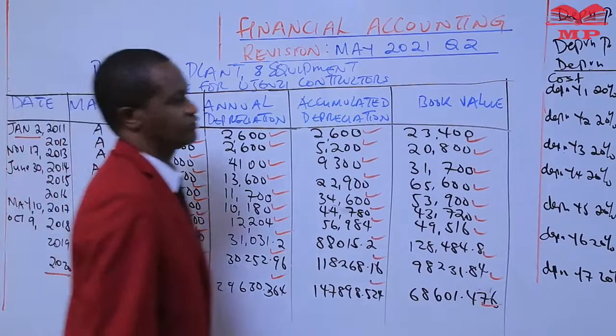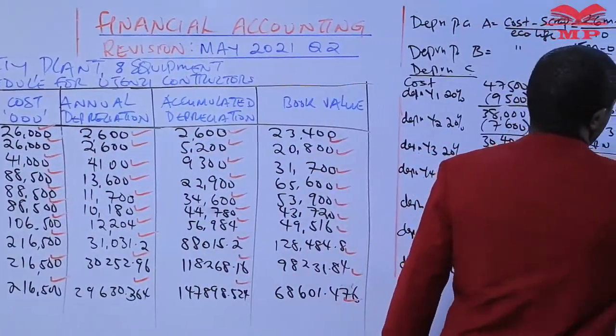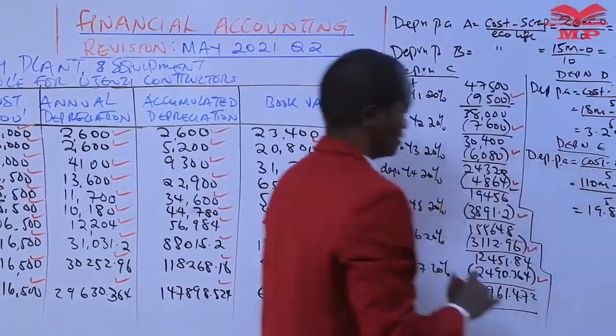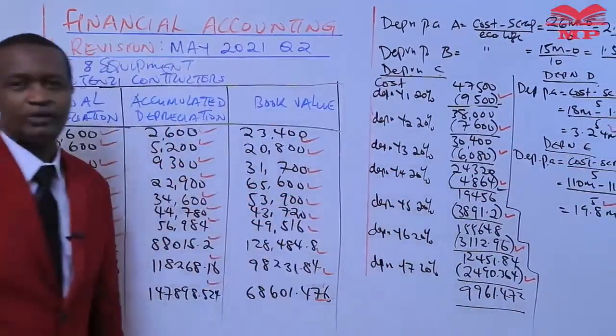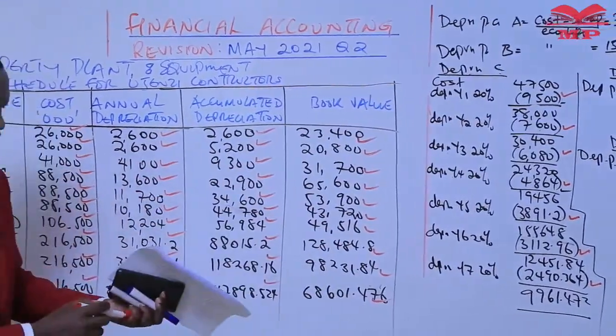You also get some marks for the workings. These marks are in fractions. When you put them together, you score the 10 marks.